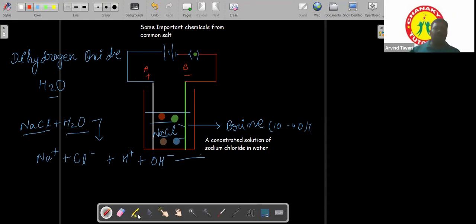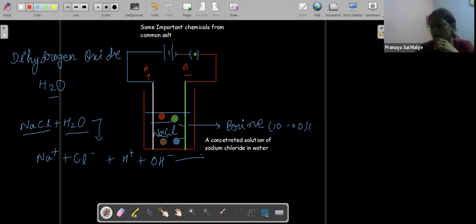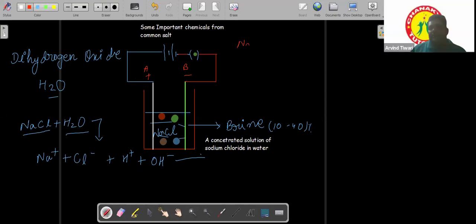Out of these, which ones will be moving towards the negative terminal of the battery? The positive ones. Yes, Na plus and H plus are positively charged, so they move towards the negative terminal as they are attracted by it.